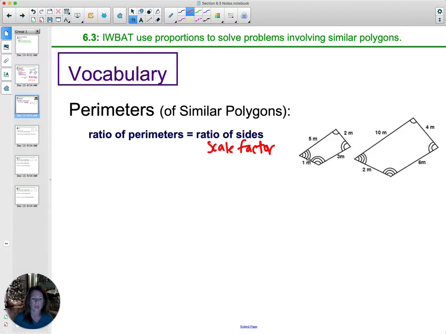I like this 1 because I'm not going to have to simplify it. I'm going to compare the 1 to its corresponding side, which is the 2. So the scale factor here is 1 to 2 from the ratio of the sides. That means that the ratio of the perimeters is also 1 to 2. It's the exact same: ratio of perimeters, ratio of sides, both equal to the scale factor.